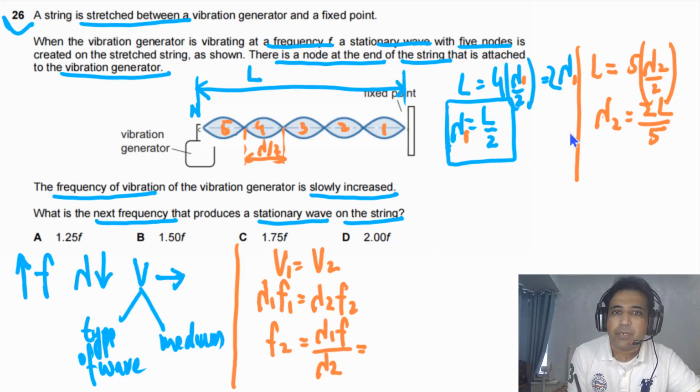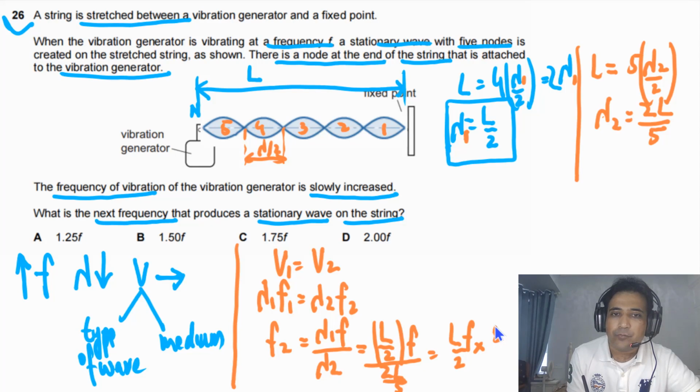So we have lambda 1 equal to L by 2, so we can write this as L by 2 times F divided by 2L by 5, or LF by 2 multiplied by 5 divided by 2L.